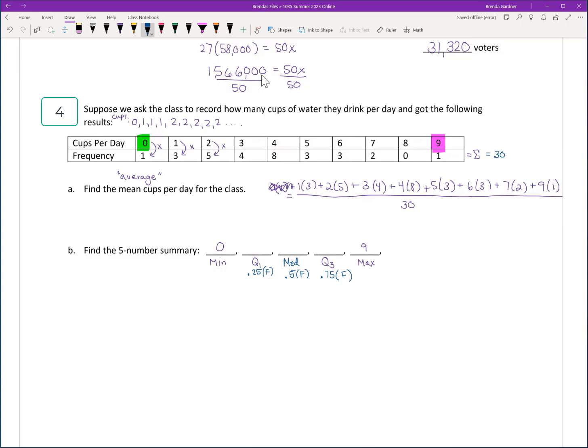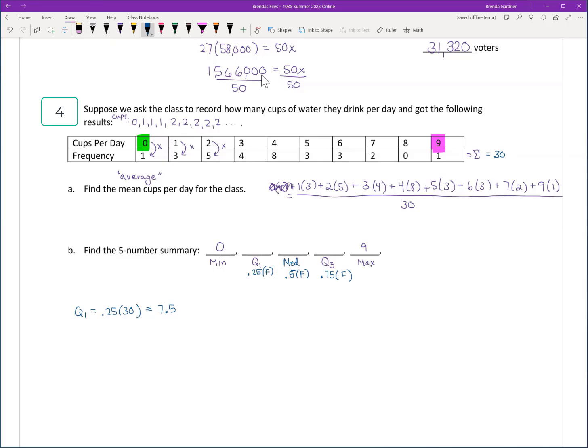Which would be 30. So for Q1, I'm going to take 0.25 and multiply it by 30. So 0.25 times 30, I'm going to get 7.5. Now, this is where some of you guys made a mistake.